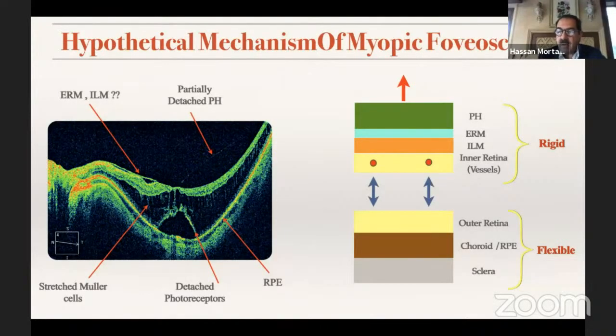The outer retina, choroid, RPE, and the sclera are the flexible structures, and we all know about the progressive elongation of the myopic eyes, anteroposterior and sometimes transversely, and this acts to pull these structures away from the overlying retina.